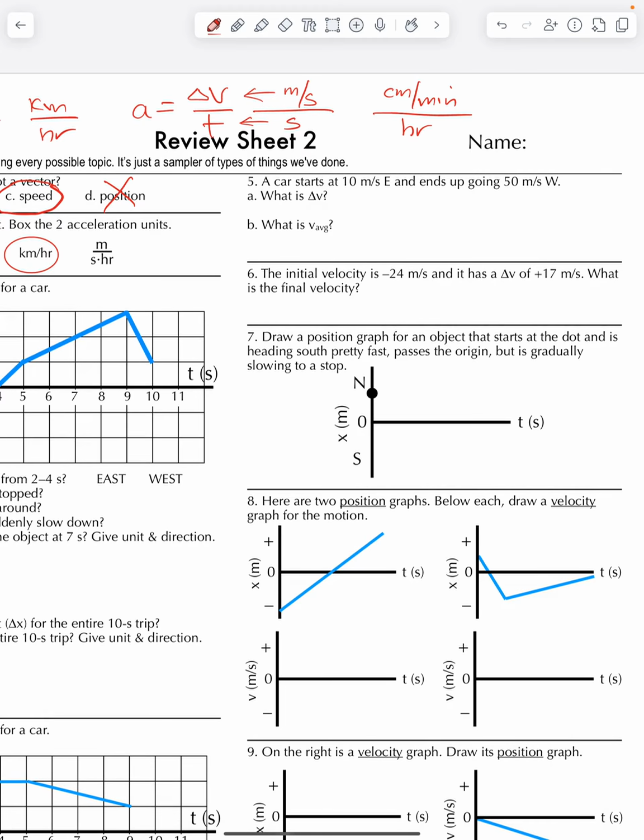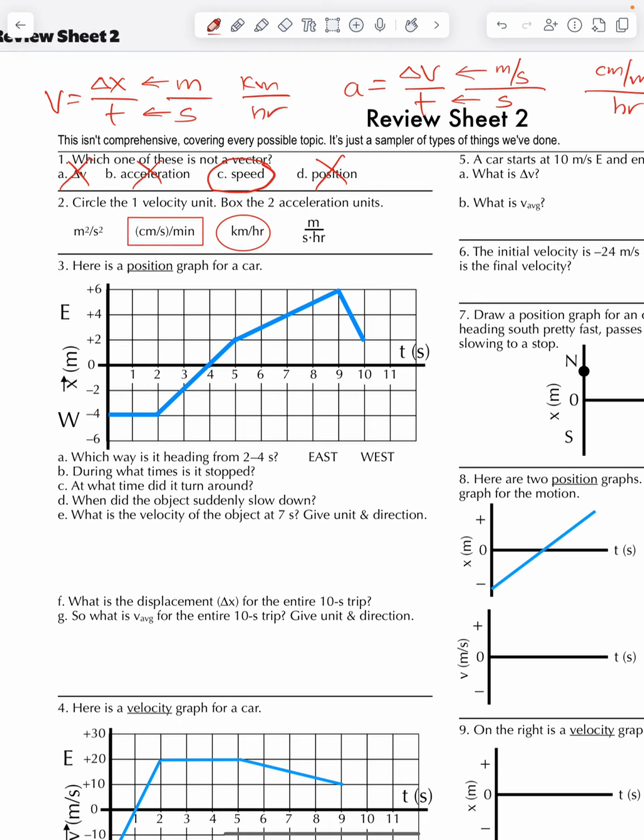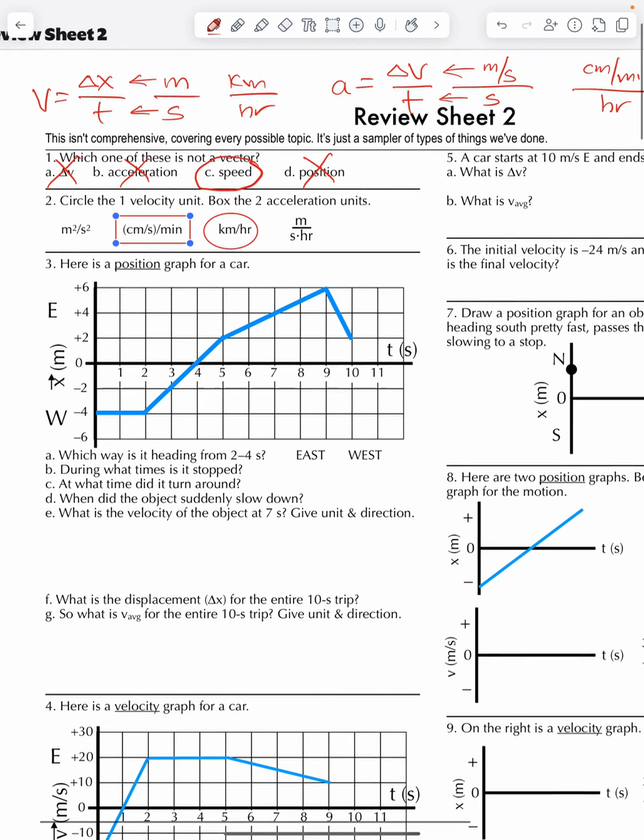So that's another acceleration unit. So let's take a look for acceleration units like that. Well, here's one right here. Centimeters per second per minute. That's a velocity unit divided by a time unit. It's telling you how many centimeters per second your speed is changing per minute.